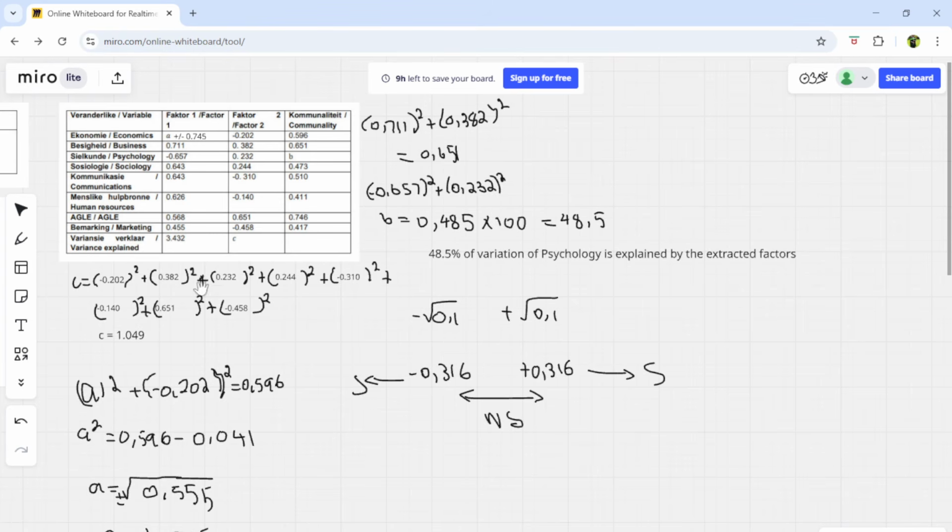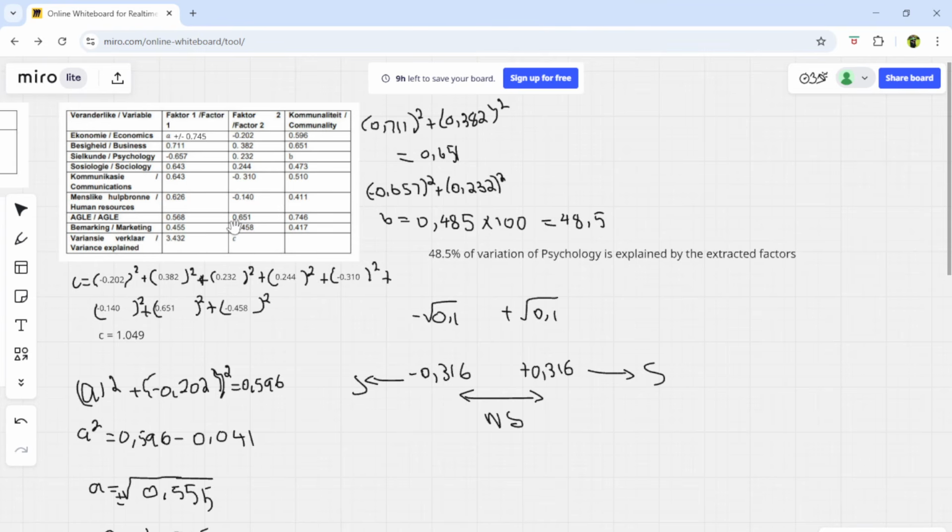That is what we call a complex variable. A complex variable is a variable that has two or more significant factor loadings, so you don't know whether to put it in factor 1 or factor 2. So let's say these are factor loadings after rotation.